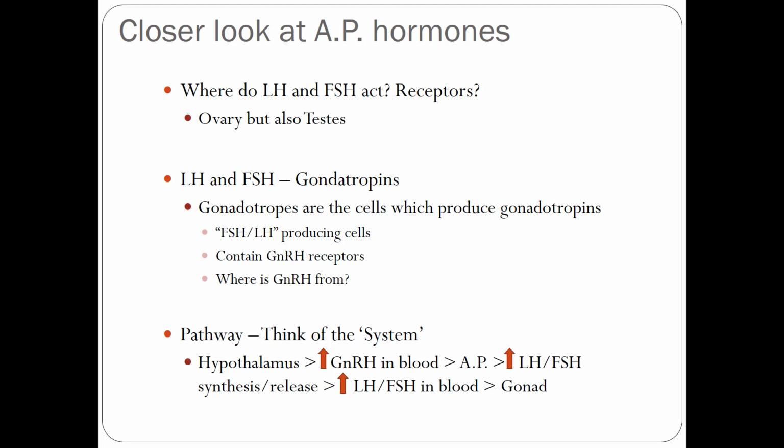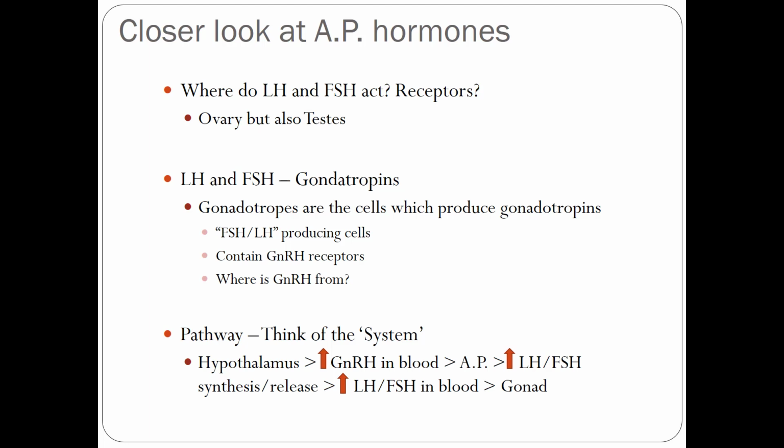So we classify LH and FSH as gonadotropin hormones, and the gonadotrope cells produce these two hormones. The gonadotrope cells are a special type of cell that will produce both FSH and LH depending on where the female is at in the cycle and a bunch of other things that I will let you get into when you get into grad school.